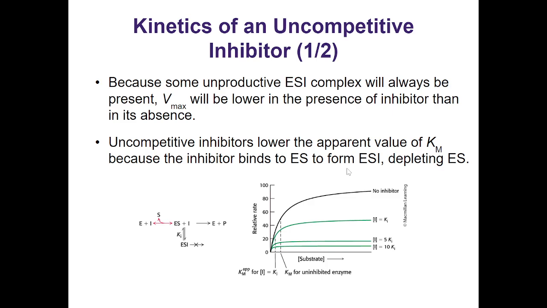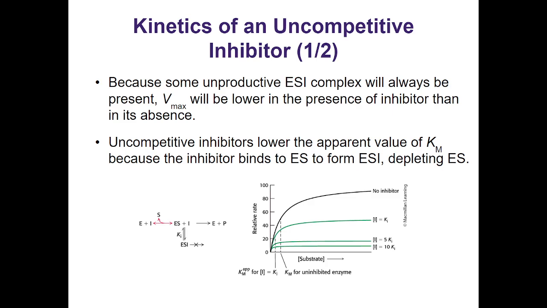Okay, so now we're going to have uncompetitive inhibition, the uncompetitive inhibitor working on this now. So remember that the uncompetitive inhibitor can only bind the enzyme-substrate complex, and thus the uncompetitive inhibitor is always going to make an ESI complex, a complex with both of those attached to the enzyme. Because some of the nonproductive ESI will always be present, this is where we lower our Vmax.